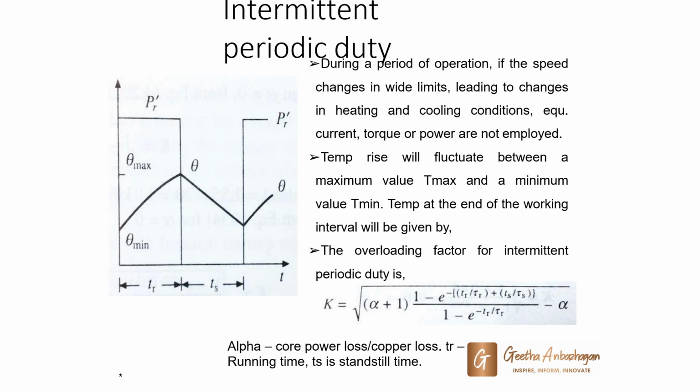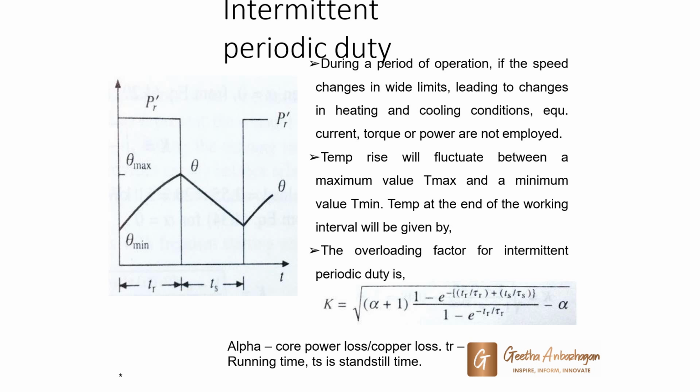During a period of operation, if the speed changes in wide limits leading to changes in heating and cooling conditions, methods of equivalent current, torque, and power described previously cannot be employed. Let us consider an intermittent load where the motor is alternatively subjected to a fixed load of duration Tr and standstill condition of duration Ts.